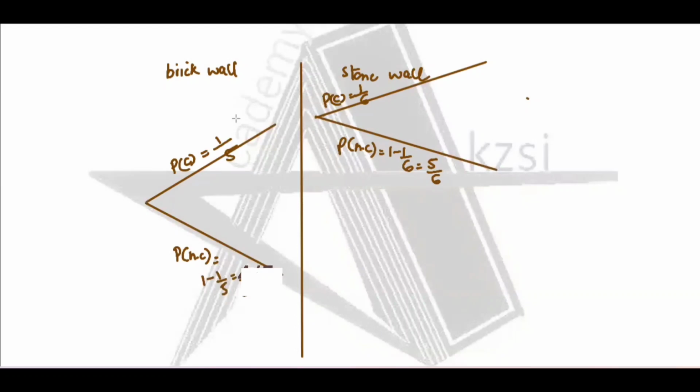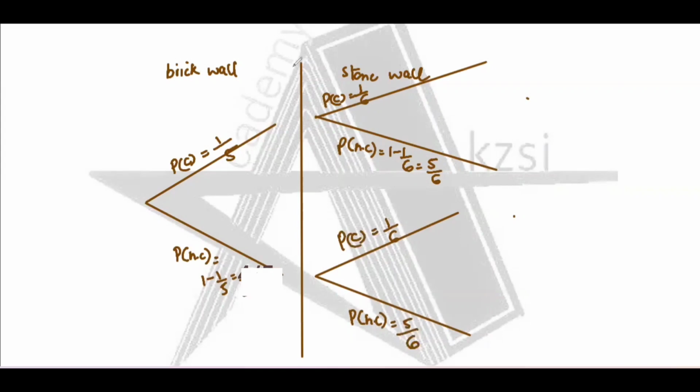So in either case, it will remain as it is. That means if 1 over 6 is given, even though he has completed the brick wall, the probability will remain the same. If it says they are dependent events, then the probability will change. So probability of completing is 1 over 6 and not completing is 1 minus 1 over 6, which is 5 over 6. This is a probability tree diagram.